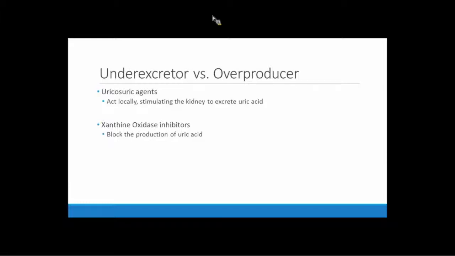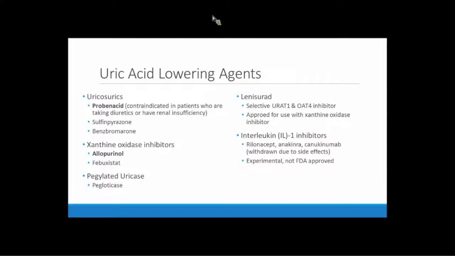It's kind of a nice trick to show that that person's an underexcretor, and therefore, by the book, treat him with something that increases uric acid excretion, which works only at the level of the distal tubule and has no systemic effects like a uricosuric. So I will define that status in that situation. The vast majority of patients will end up on xanthine oxidase inhibitors because they are either overproducers or they are underexcretors, and there's nothing you can do to increase their excretion.